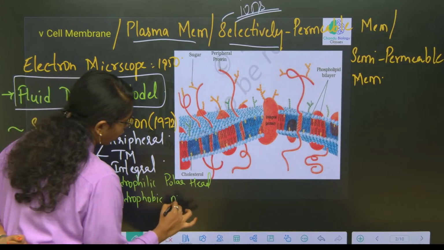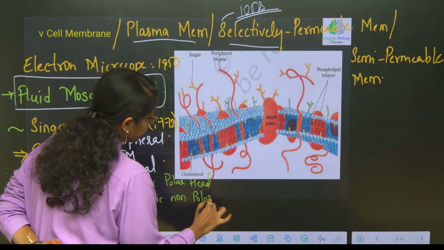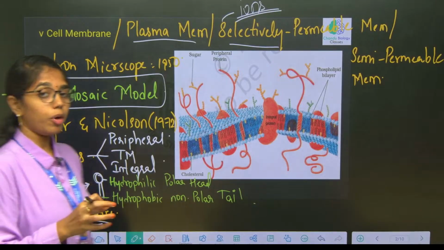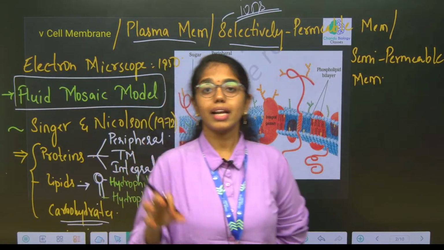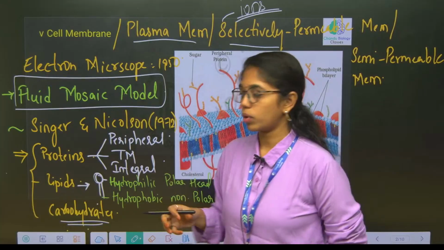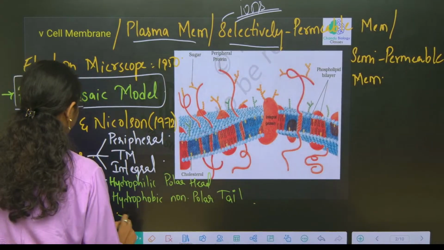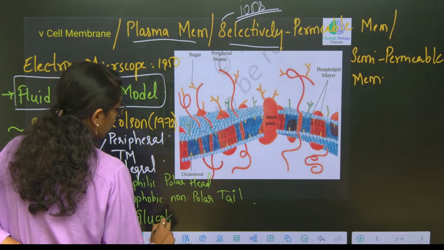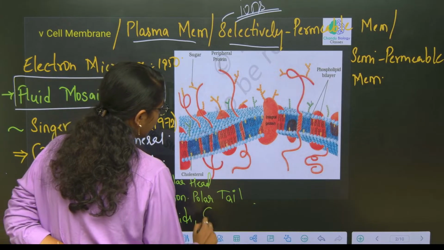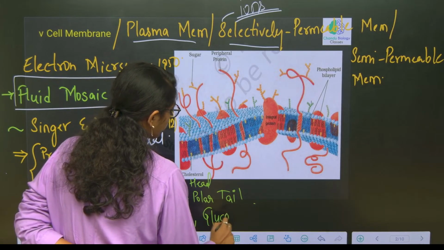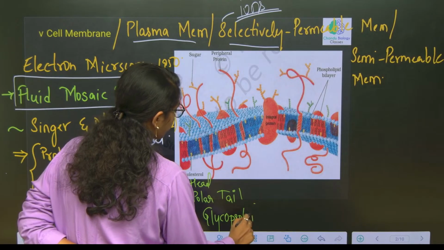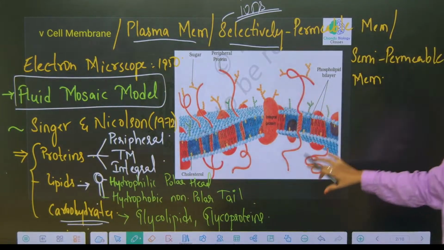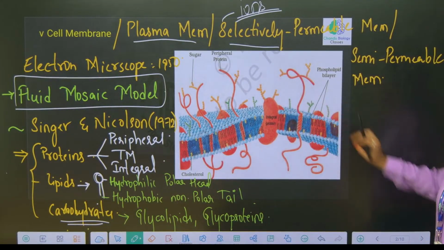And then carbohydrates are present in the form of glycolipids and glycoproteins. So this is the structural composition, the components which are present in the cell membrane.